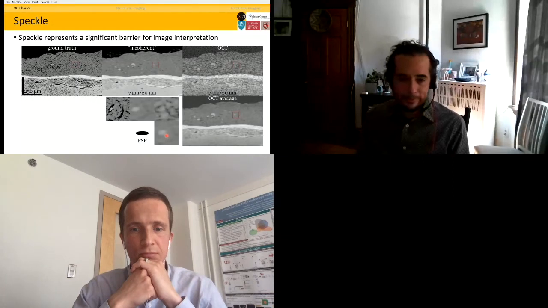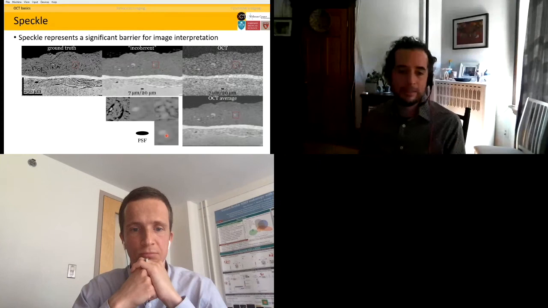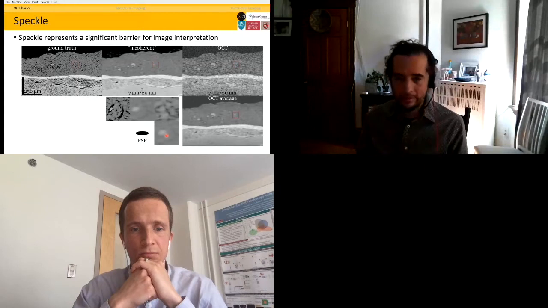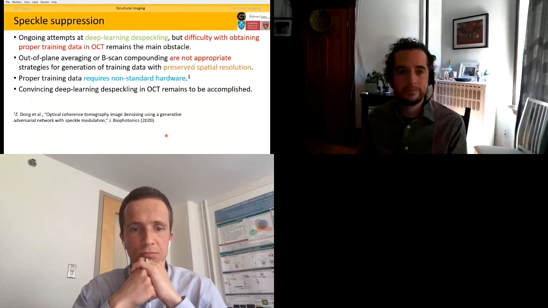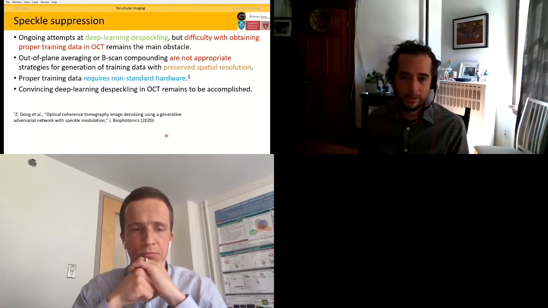And so this averaging is the basis for most speckle reduction algorithms. And this visualization makes it clear why speckle is such an important topic in OCT structural imaging post-processing.